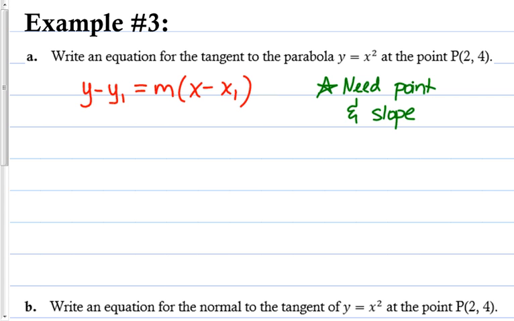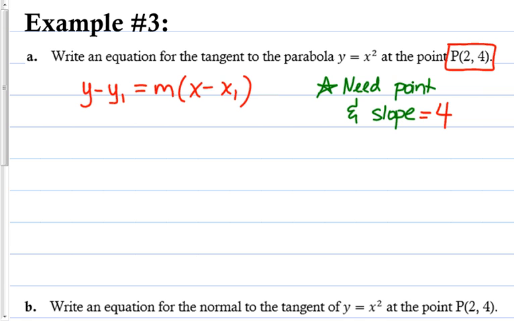In the problem, they did give us a point. The point is 2, 4. Have you noticed this is the same information from the last one, because I'm going to make an equation for that line, the red line on my graph. The slope, we just found the slope. The slope is 4. So I have the 2 things I need.